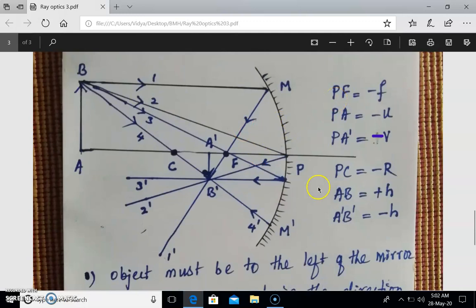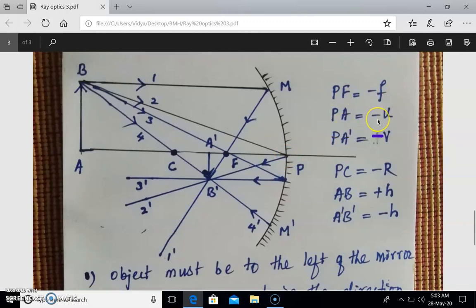So here, all distances are to be measured from the pole. Object being to the left of the mirror, light from the object travels from left to right. Here all the distances are measured from right to left from the pole of the mirror. So PF is the focal length, minus F, since it is opposite to the direction of light.